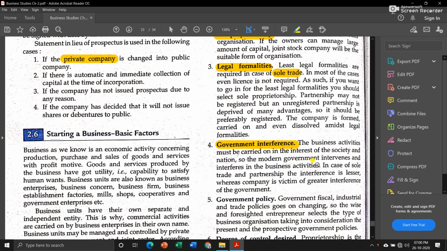In today's world, every type of business organization is affected by government interference. In case of sole trade and partnership, the interference is lesser. It means we cannot say that there is no interference from government. There is, but in sole trade and partnership it is very less as compared to companies or cooperative societies.